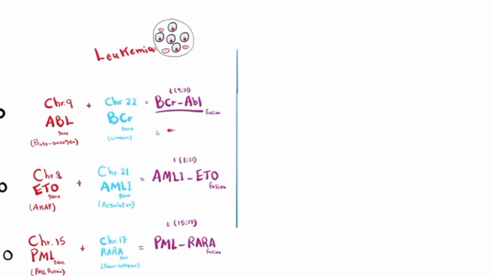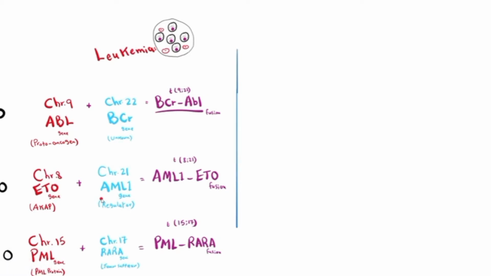Okay, the second translocation I want to talk about is the ETO gene in chromosome 8, and this gene, by the way, encodes for a protein called the A kinase anchoring protein, and it's translocated with another gene called the AML1 gene, which is normally a regulator.